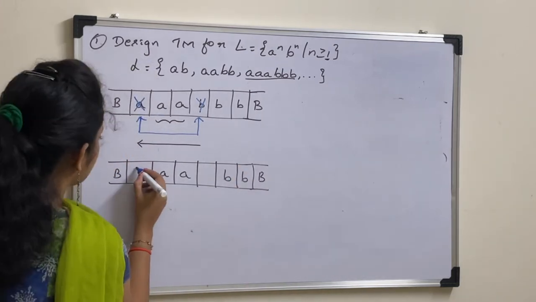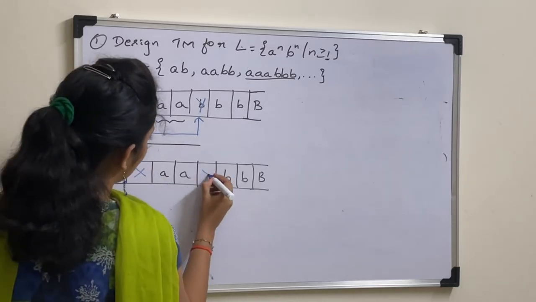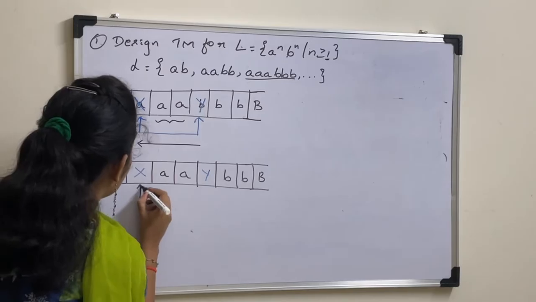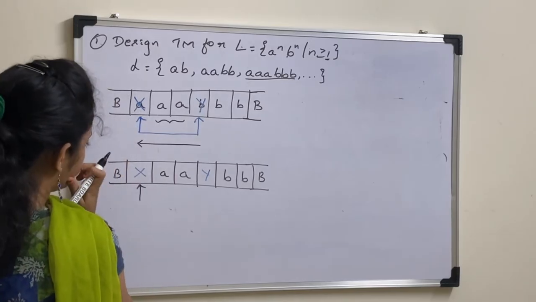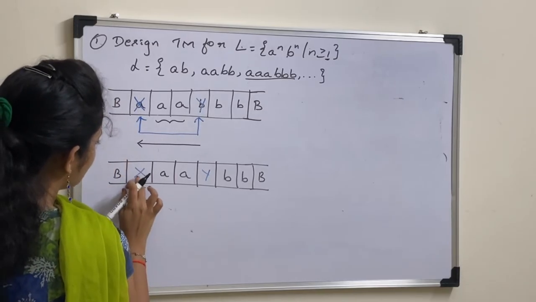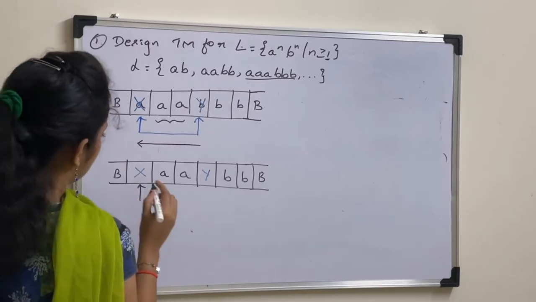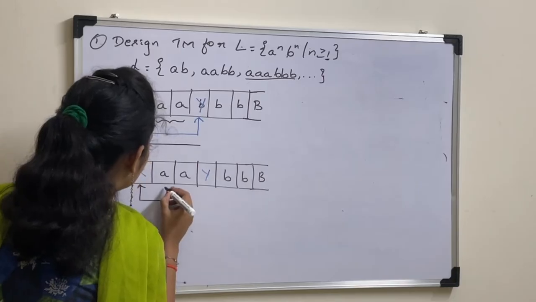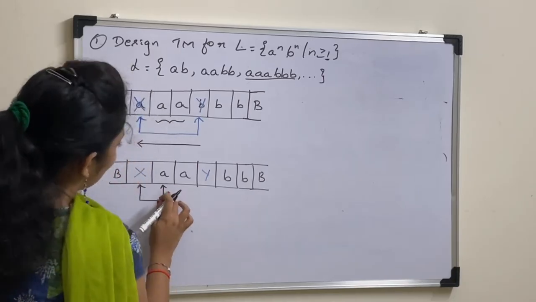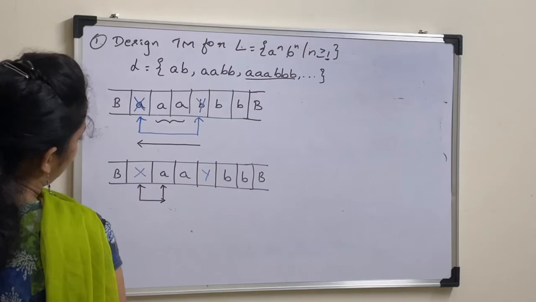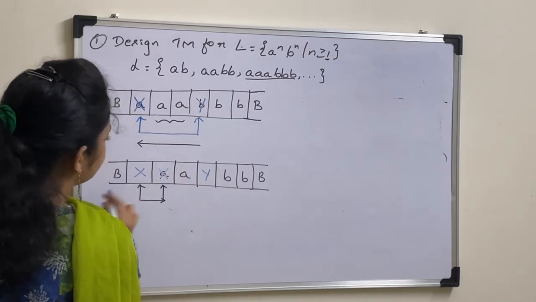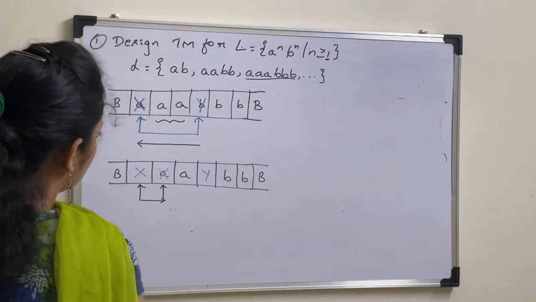The first input symbol is already marked with X, the second with Y. Now your tape reader is pointing to this symbol X. So move one position to right and mark this second input symbol with X. Fine.